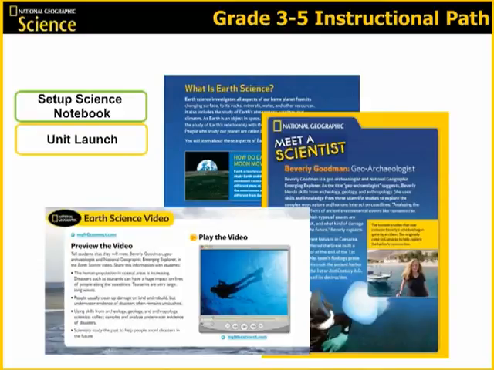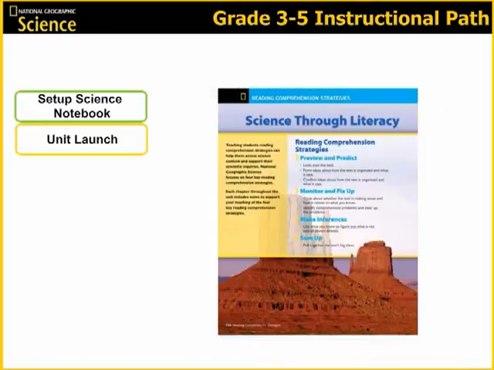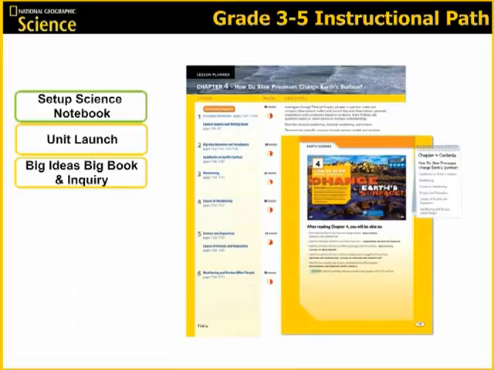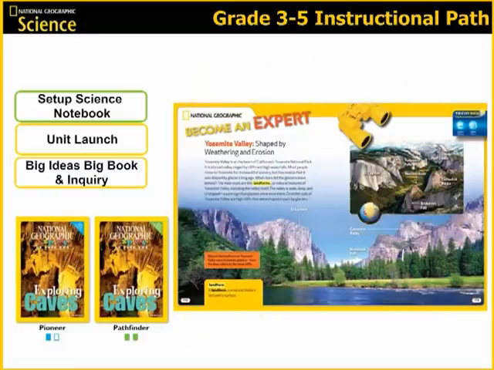Since students at this level will be reading more of their text on their own, the strategies for reading informational text that were covered in grades K-2 in the Read Informational Text section are embedded into the Big Ideas instruction. And the Big Ideas instruction is broken down into chapters. In grades 3 through 5, the Become an Expert informational text is built in, but they do have the additional Explore on Your Own leveled readers.